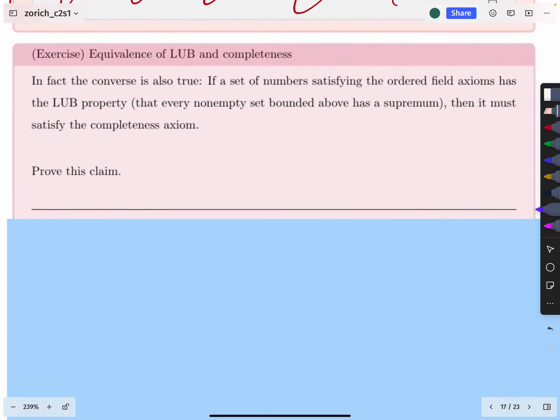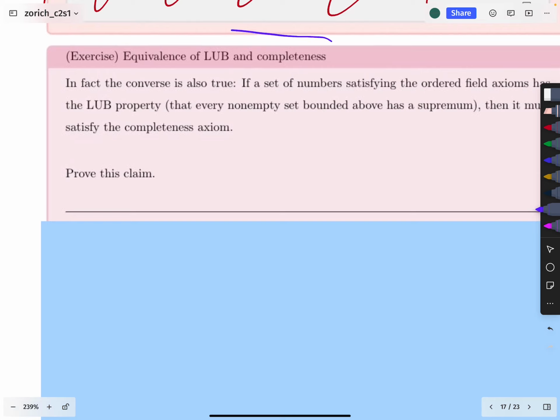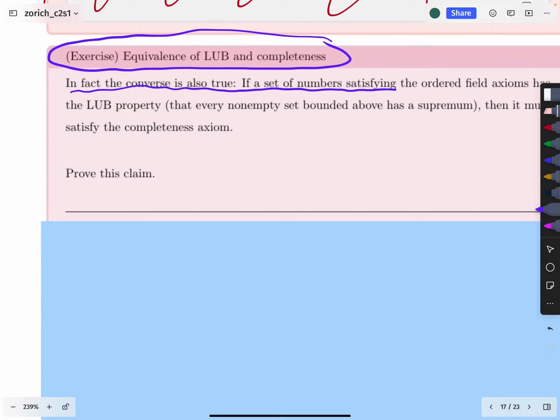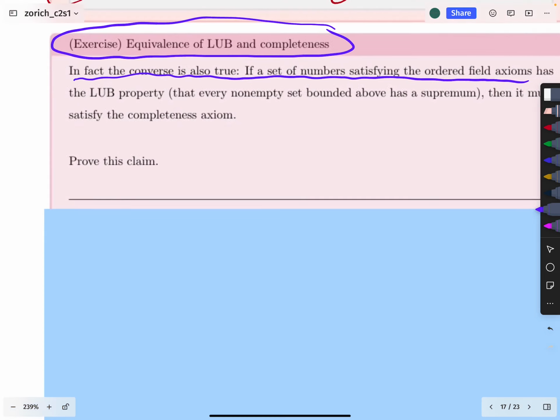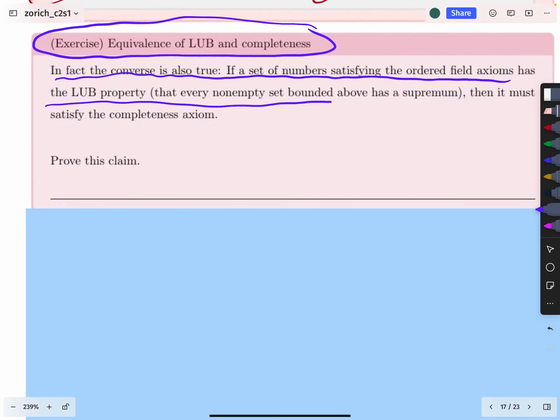Let's do an exercise, the equivalence of the LUB property and the completeness axiom. So what this says is that, in fact, the converse is also true. If a set of numbers satisfying the ordered field axioms has the LUB property, then it must satisfy the completeness axiom, right?